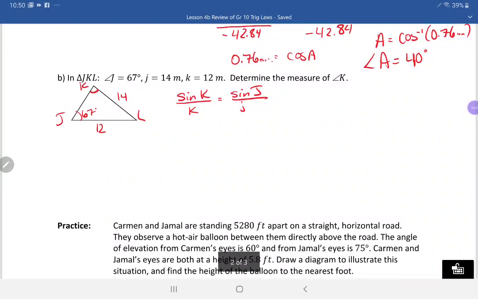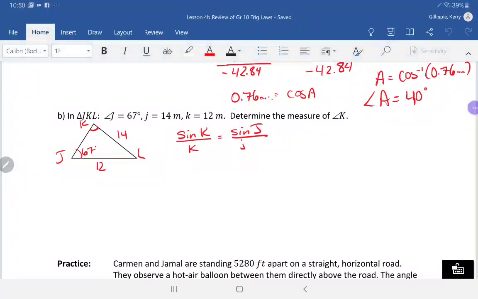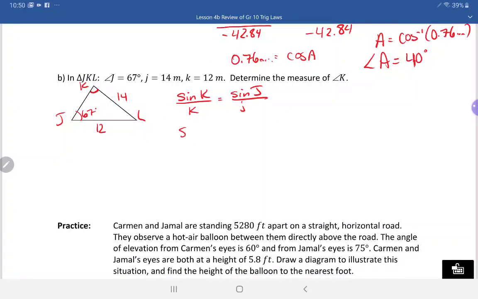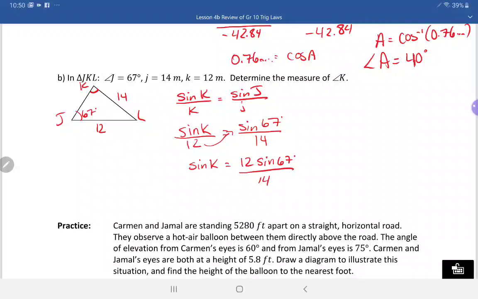So let's fill in what we're given. Lowercase k was 12. Capital J was 67. Lower j was 14. We want to get that sine k by itself. For now, we've got to keep it together and just bring the 12 up. So we'll do 12 times the sine of 67 divided by 14.